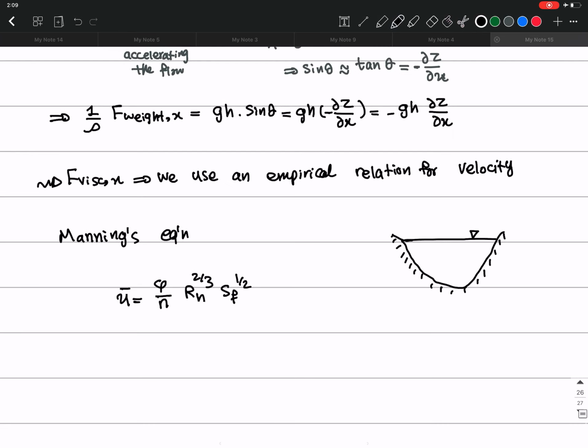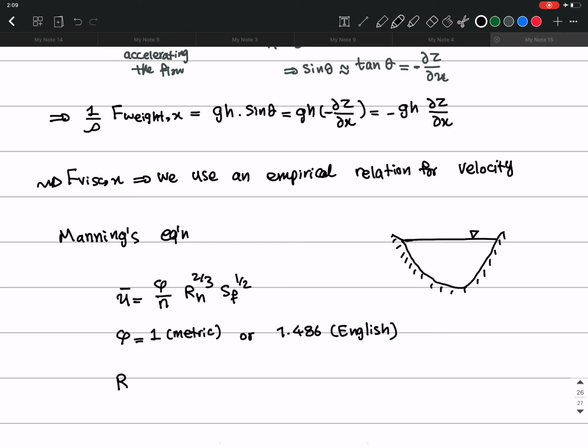So let's see what these are. So phi here is 1 if you are using metric units, or it's going to be 1.486 if you are using English or British system. Okay.